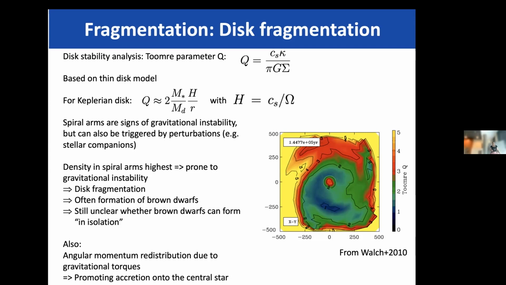So this can also promote accretion and redistribute angular momentum. But this is the general picture for thin disks. And it's always a good estimate if you want to study whether your disk is unstable or not. Just compute the Toomre parameter and check. There are modifications of this for thicker disks, but of course you have to make some assumptions then.